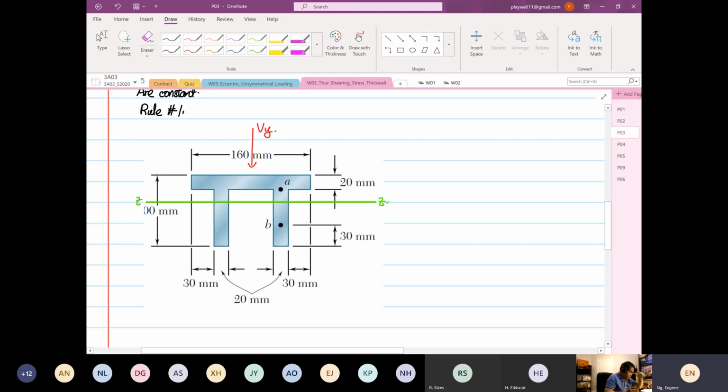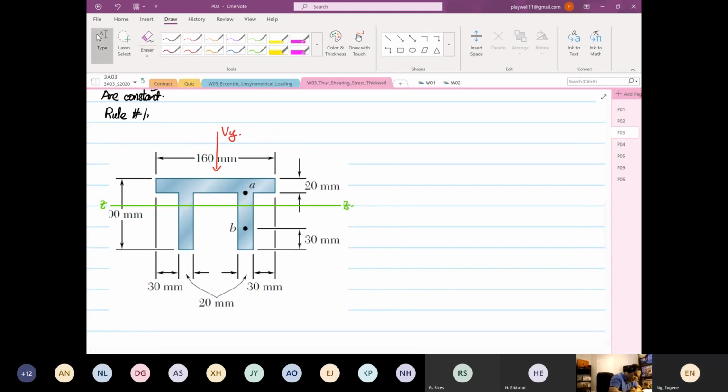So the first thing we do is find the position of the centroid along the y-axis.